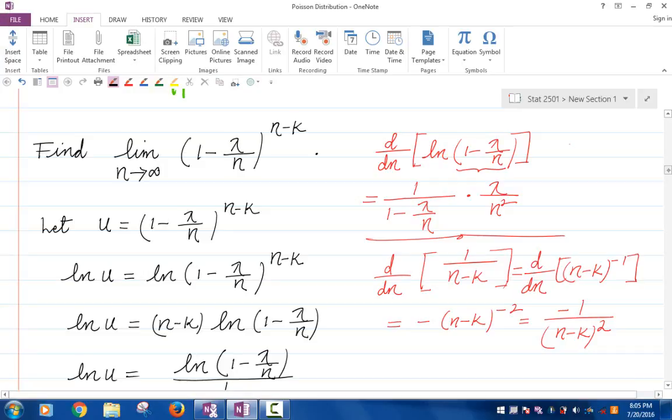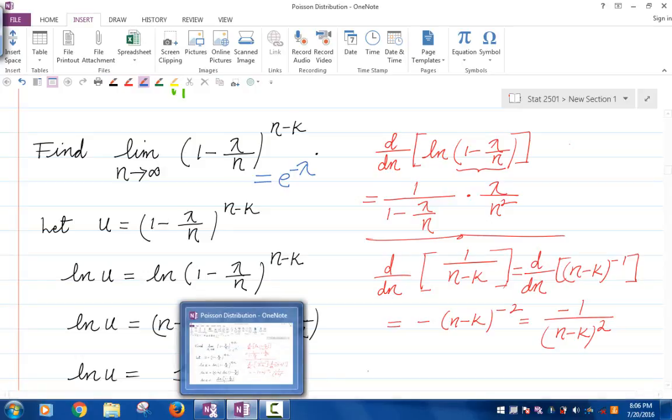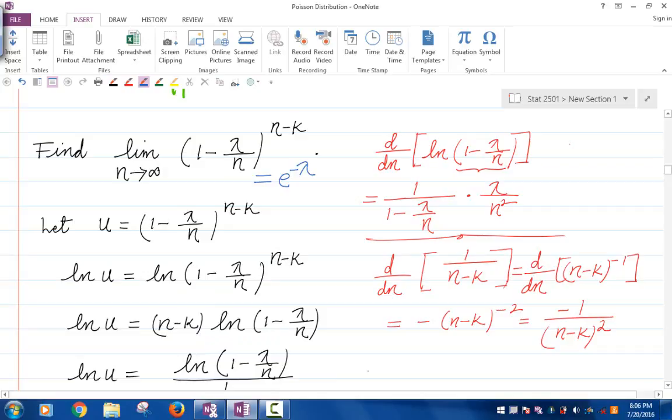So at the end, we could say that this limit is equal to e to the minus lambda. Okay, I'm going to pause for a second and then look at how this will be used to discuss the application.